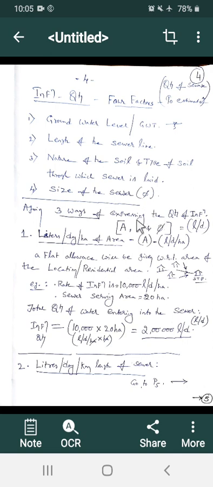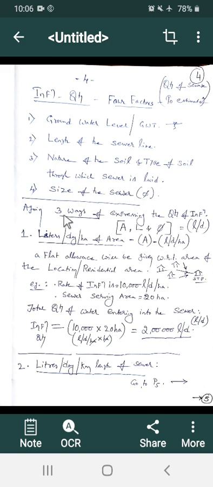See, one is area, another is the length of the pipeline, another one is the diameter. Area means catchment area. Observe here, very first one is A. Second one is L. Third one is diameter. Let us study one by one.